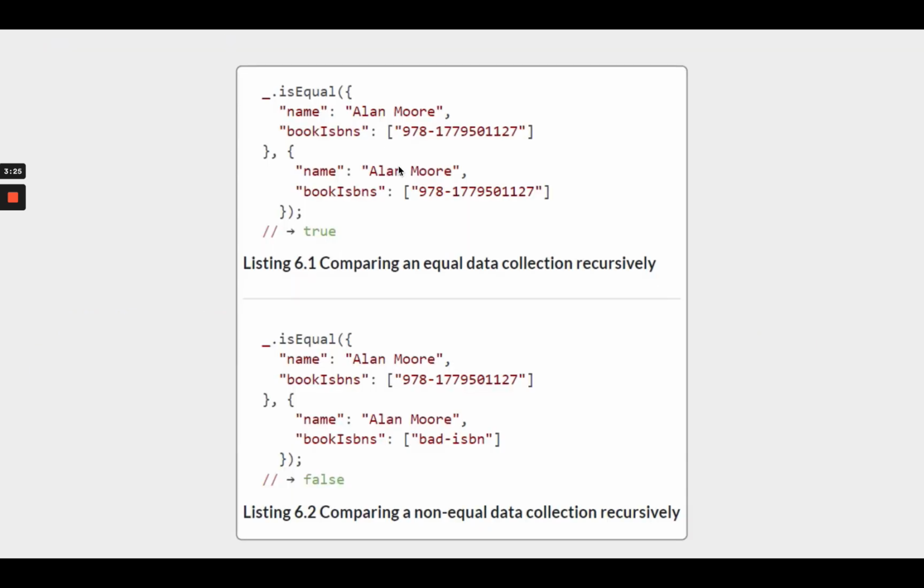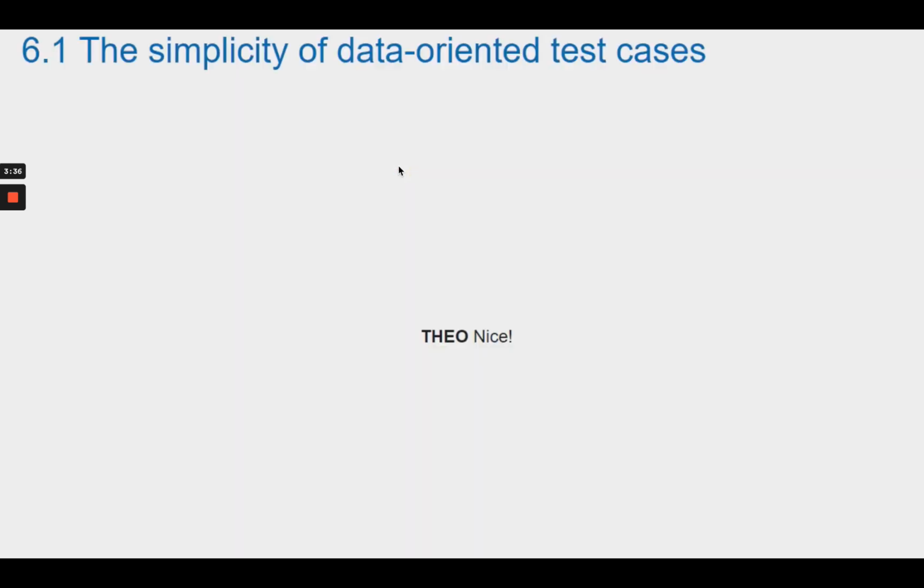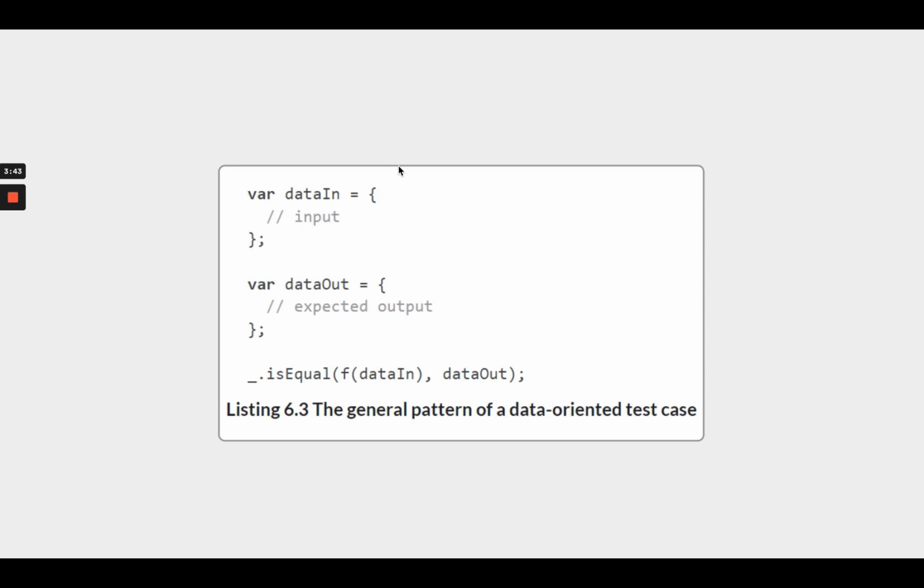Joe opens his laptop. He is able to convince Theo by executing a few code snippets with _.isEqual to compare an equal data collection with a non-equal one. Theo: Nice. Joe: Most of the test cases in DOP follow this pattern. Theo decides he wants to try this out.